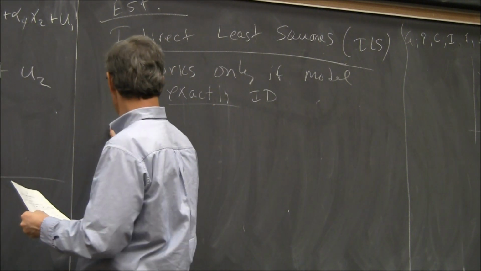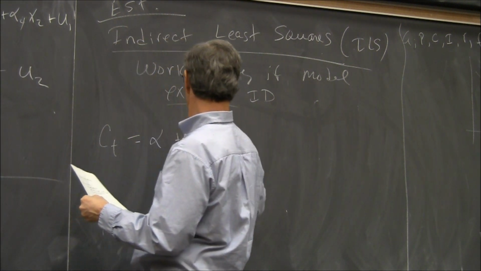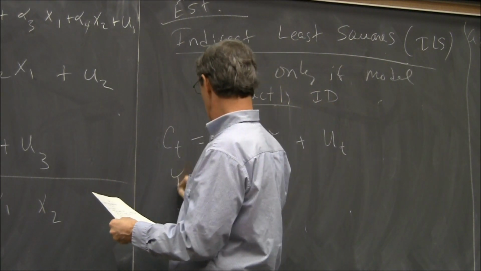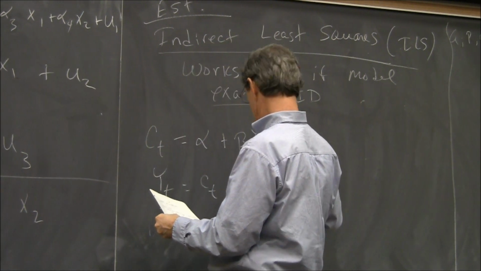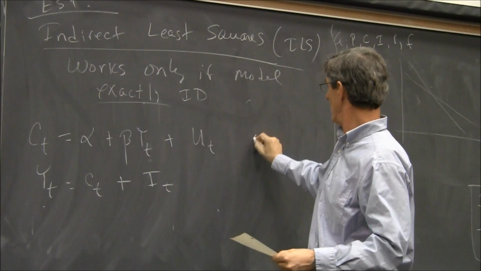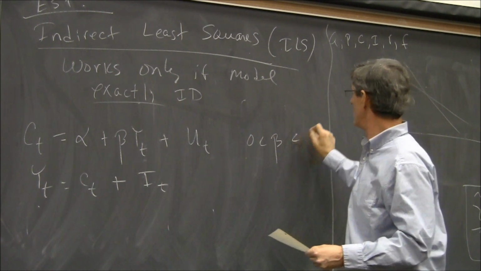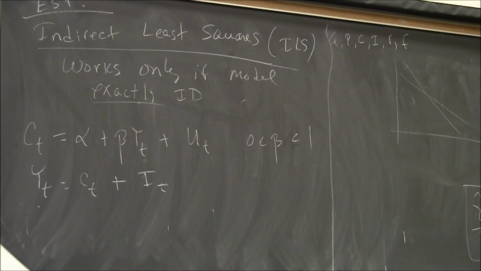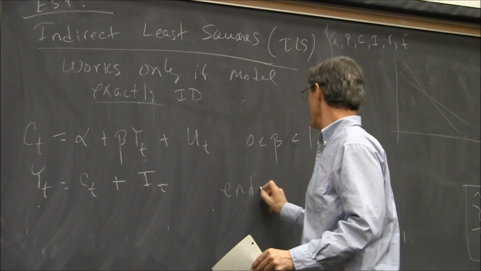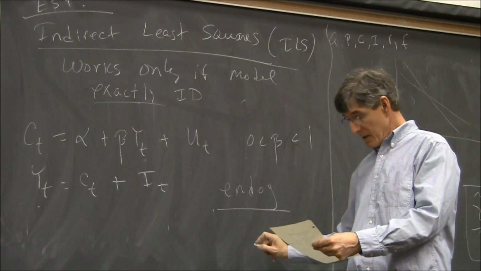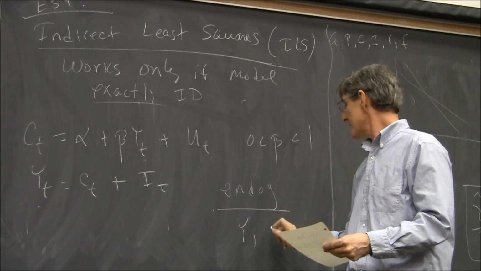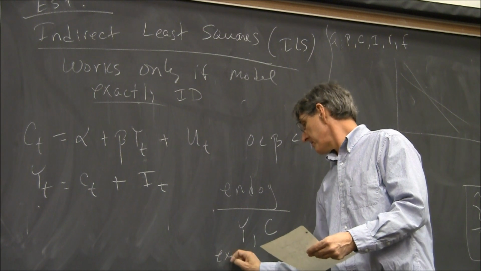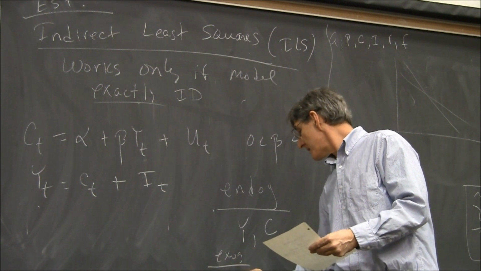So let's illustrate this with the consumption function we've been doing. Endogenous will be Y, income and consumption, and exogenous will be the constant and investment.